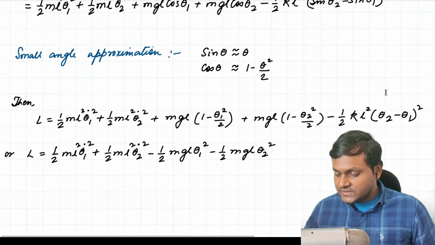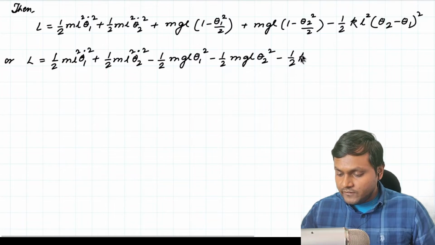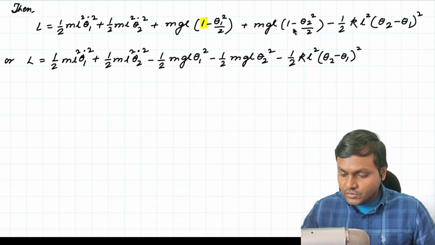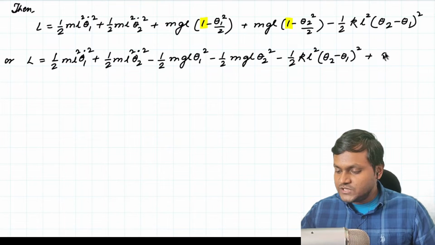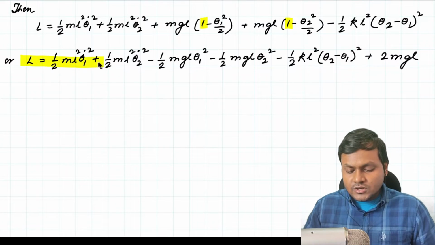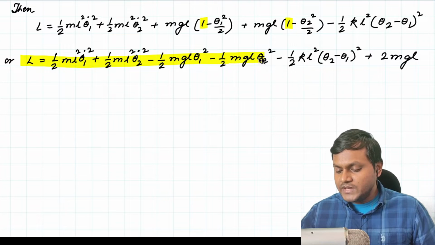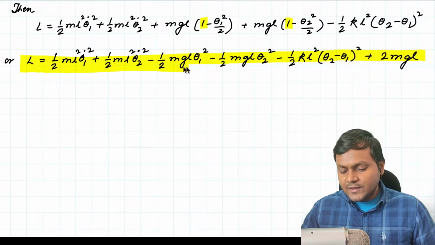Let's keep the constants for the end of the expression, and then I'll get minus half k L square times theta 2 minus theta 1 square, and the expression corresponding to these constants is simply going to be plus mgL plus mgL, which is 2mgL. So here it is, the Lagrangian of the coupled pendulum system under small angle approximations.